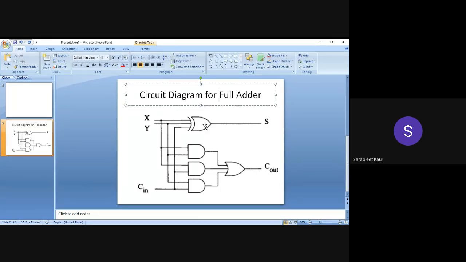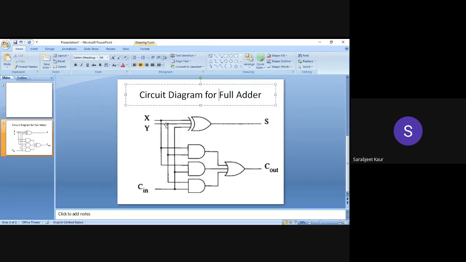X, Y, they've taken a 3 input XOR gate and they are XORing them together. So this is equivalent to this notation that we just saw. We can take a 2 input XOR gate and do it in 2 steps, or take a 3 input XOR gate and XOR them all together.